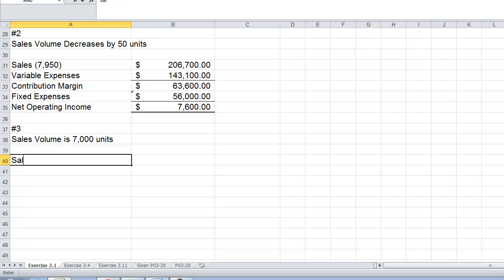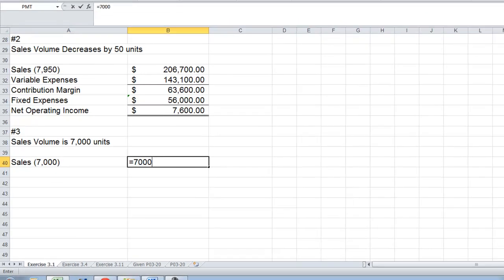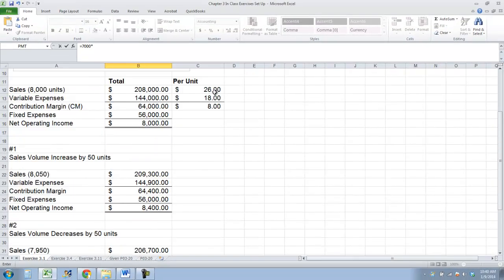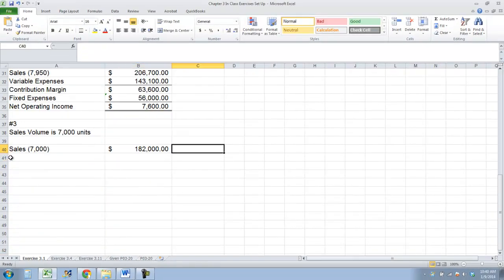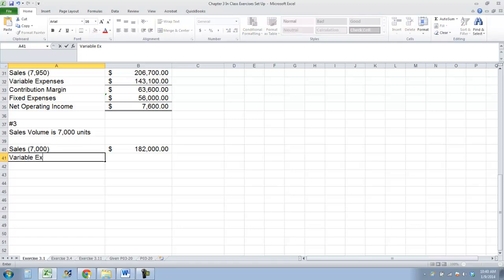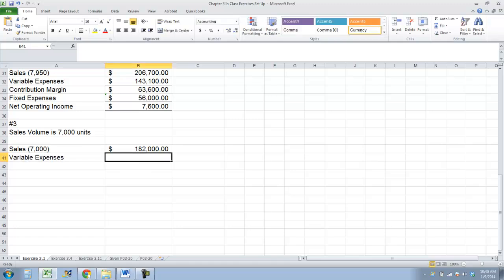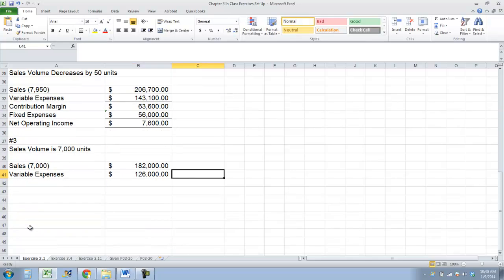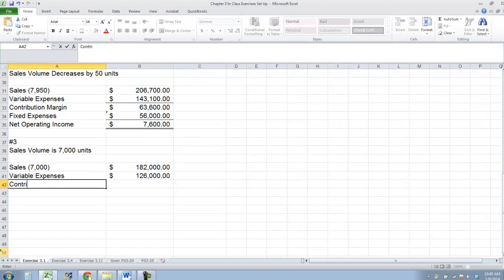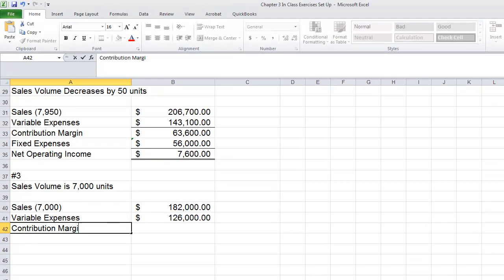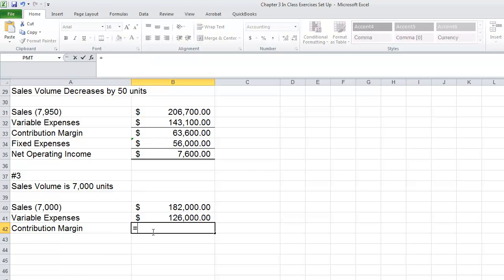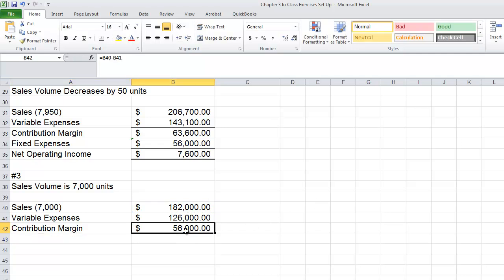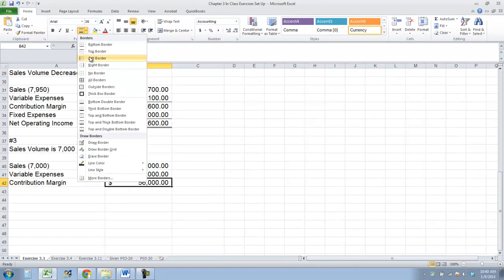So we would have sales: 7,000 units equals 7,000 times our selling price, $26 per unit. We have variable expenses, which is 7,000 times $18. Contribution margin equals 56,000.